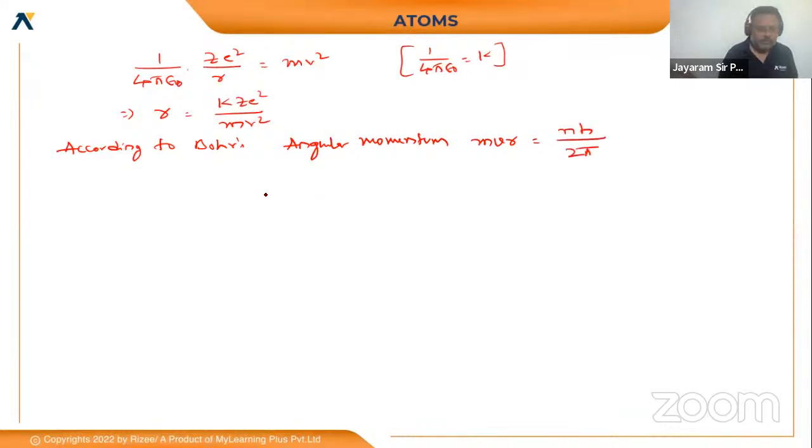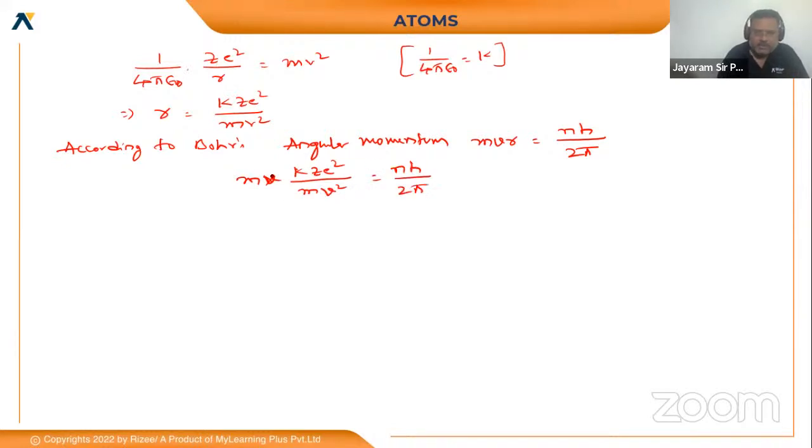On substituting the value of r here, mv into r is equal to k into Z e square by m into velocity square, equal to nh by 2 pi.